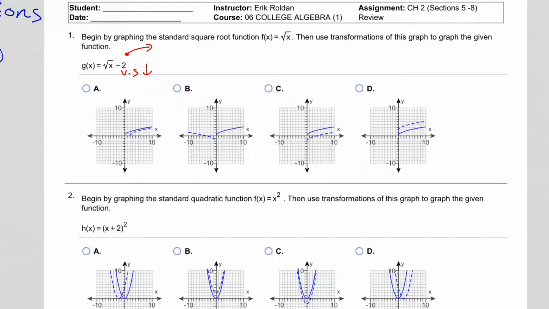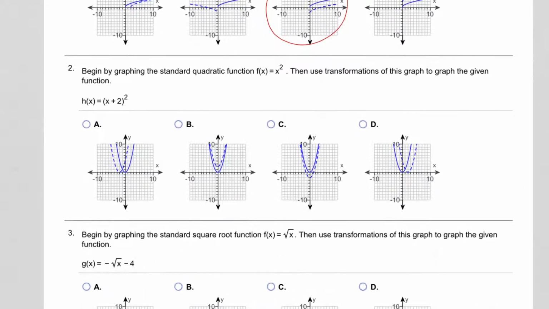Okay, so we take a look, and we need to see something going down, and it's this one right here. So the parent function is the solid in this case, and the movement is your transformation, or the dashed is your transformation.